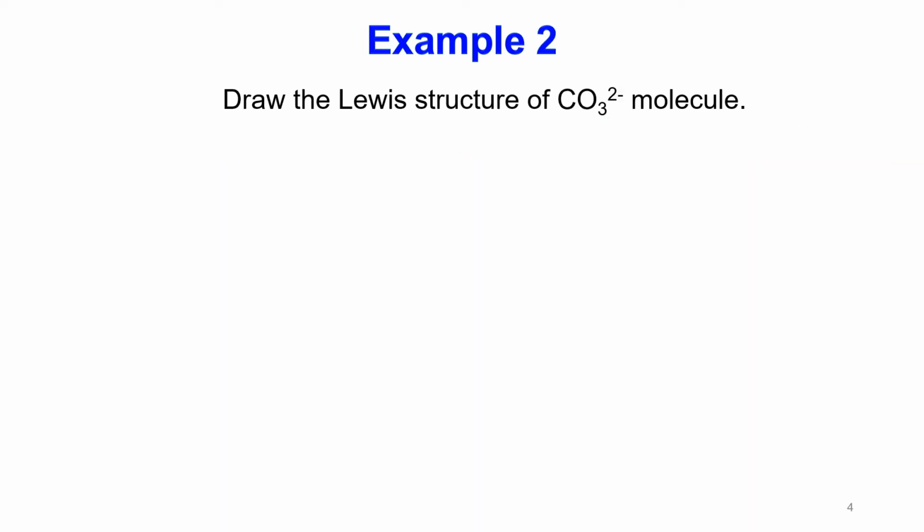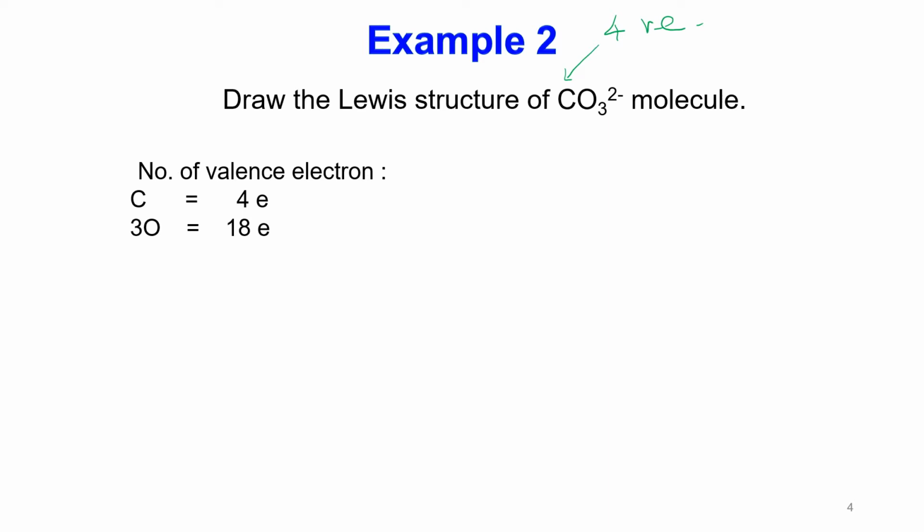Example 2. Carbonate ion CO3 2-. First, calculate the total number of valence electron. Carbon, refer to periodic table, 4 valence electron.